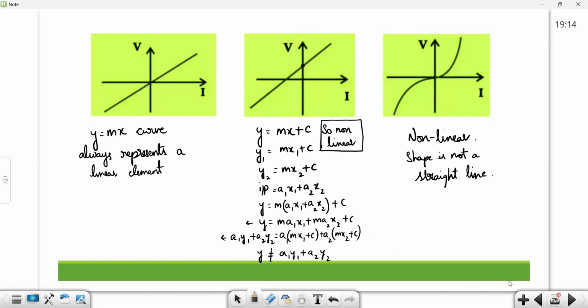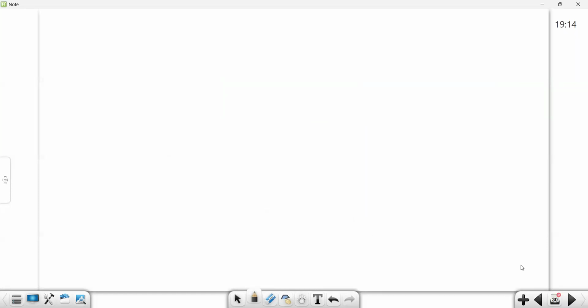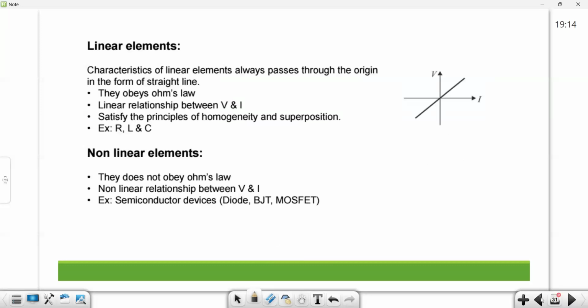I just want to tell the difference between linear and non-linear. The characteristics of linear elements always pass through the origin, and they obey Ohm's law and a linear relationship. If V is increased by 2, I is also increased by 2.